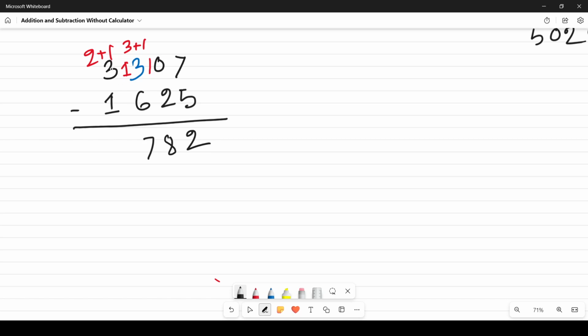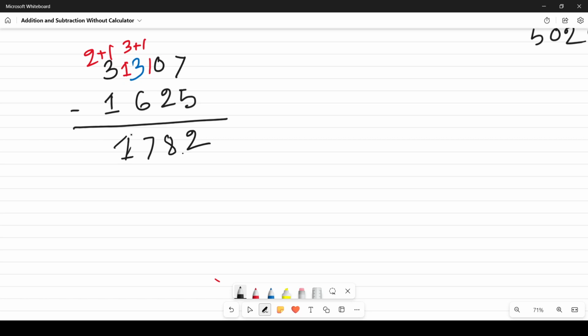Sorry, we get 7. So we have 2 in our hand now because we have split this 3 between 2 and 1. So we have basically 2 here. So what do we get if we subtract 1 from 2? We get 1. So 1782.